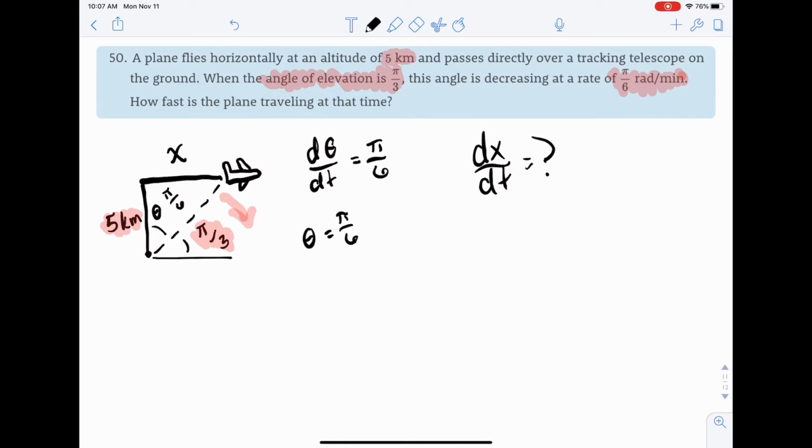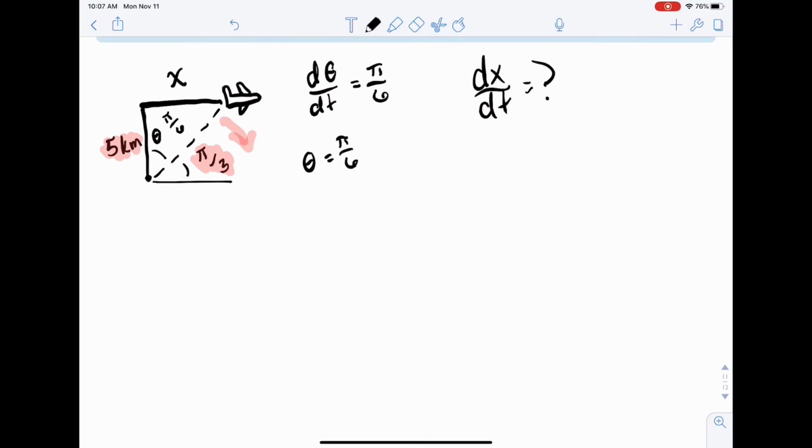So let's set up a quick equation, an equation that will get us x. I am going to use tangent because we are given an opposite and adjacent side. So tan theta should be equal to opposite over adjacent, which is x over 5.